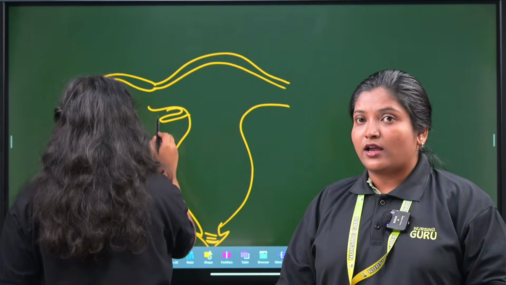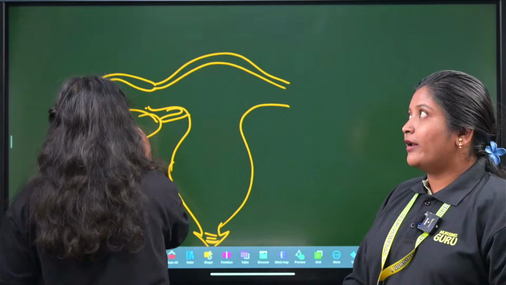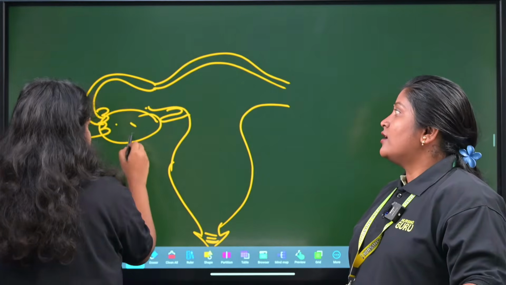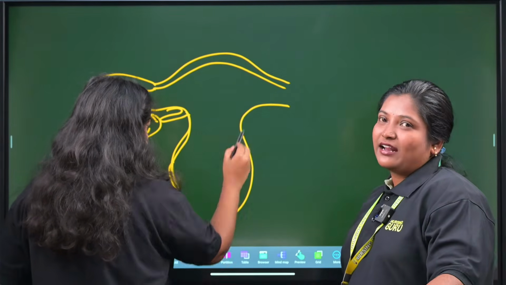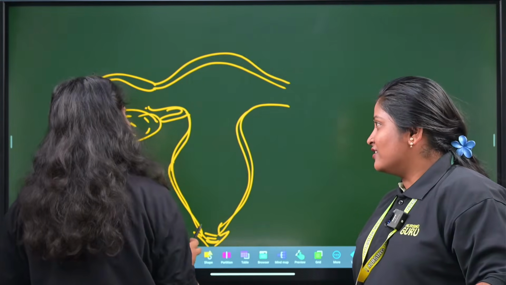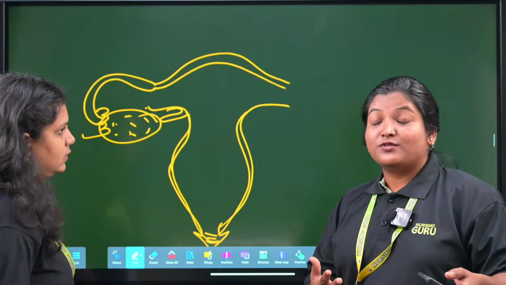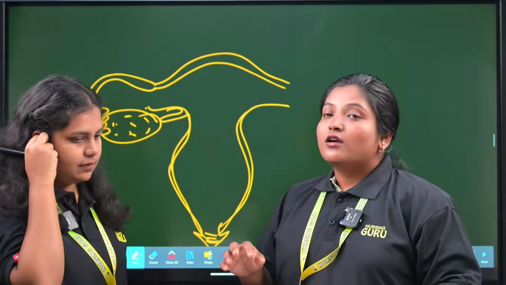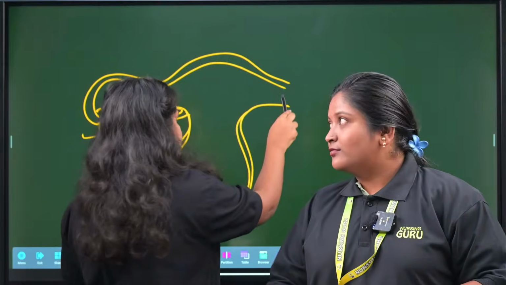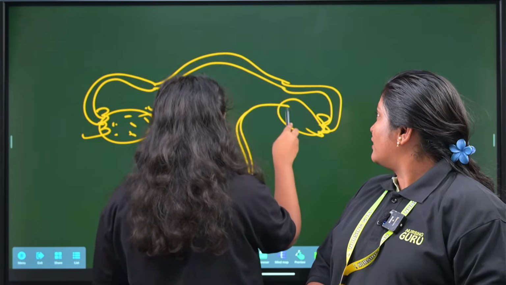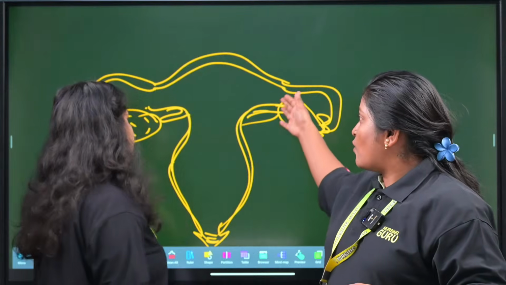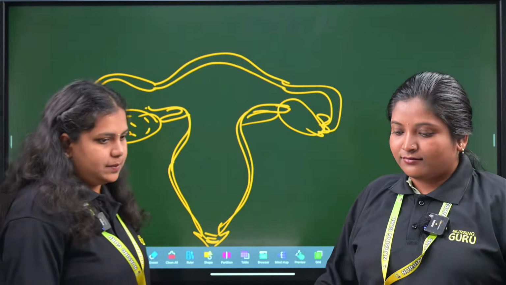They ask about the structure of the mammary gland very rarely, I didn't see it anywhere, but even though it is the GNM examination, we can't predict. So study that also. Most of the time they ask about the functions only. These are the structure of ovaries, female reproductive system.